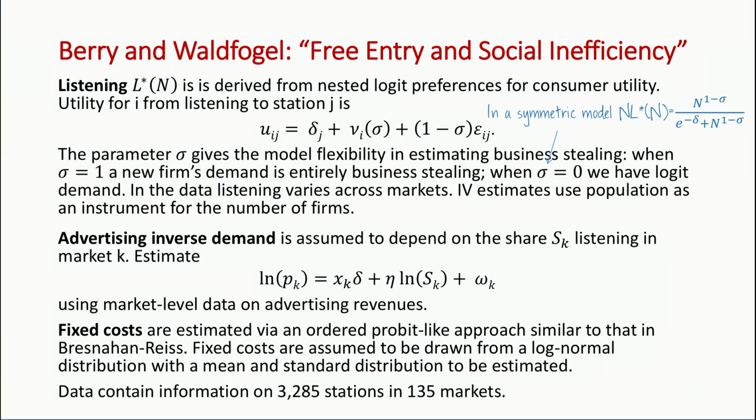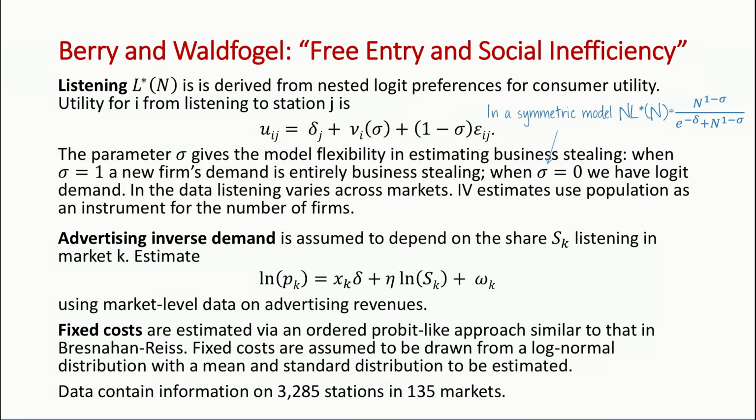So this model has a free parameter sigma, and that lets them say how important business stealing is. It's very important to have that, because if there's a lot of business stealing, there's too much entry. If there's very little business stealing, then we might have insufficient entry.